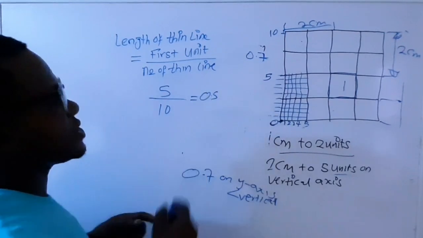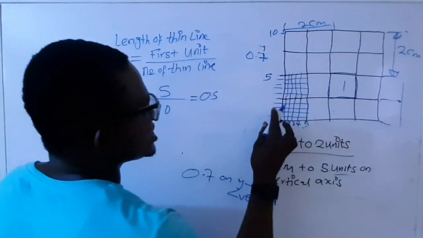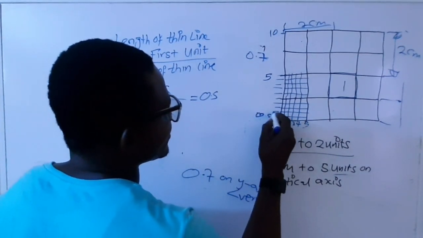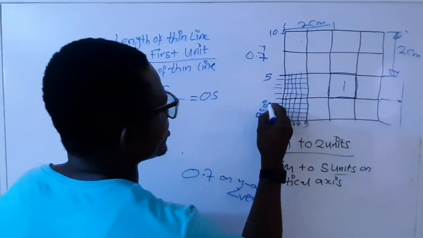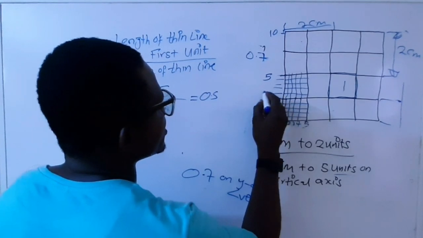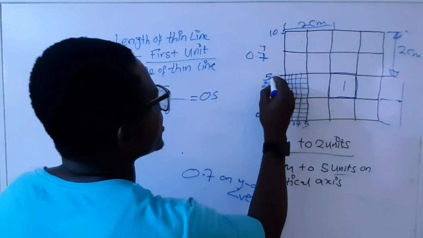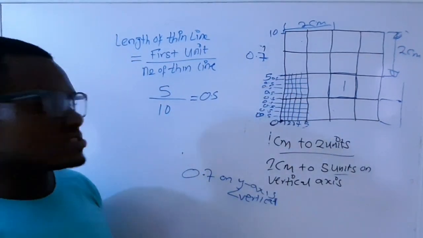Now let's see if it's correct. Which means each line is 0.5. Here too is 0.5, 0.5, 0.5, and so on. So each thin line is 0.5.